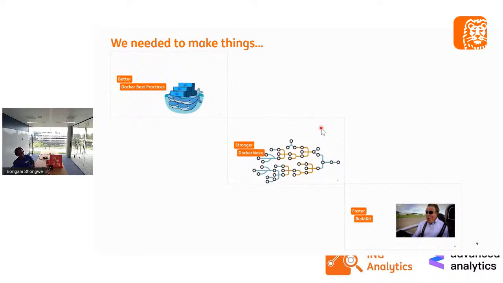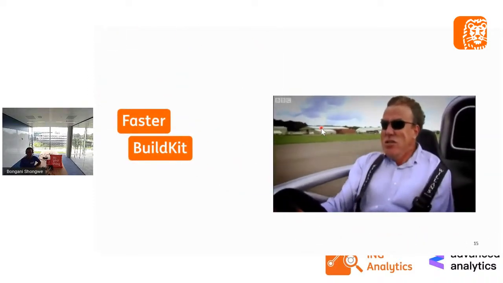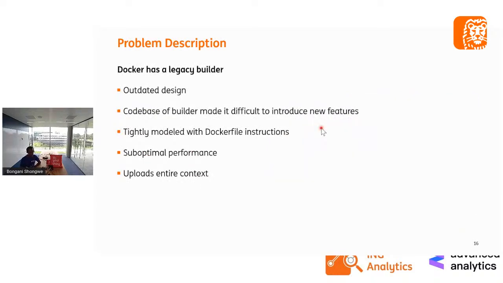Now the next step, we needed to go, as Jeremy Clarkson would say, faster. So to go faster, we needed to improve our Docker build speeds. Not many might know, but the Docker builder which comes with Docker is quite a legacy builder. It has an outdated design, and the code base of the builder made it difficult to introduce any new features.